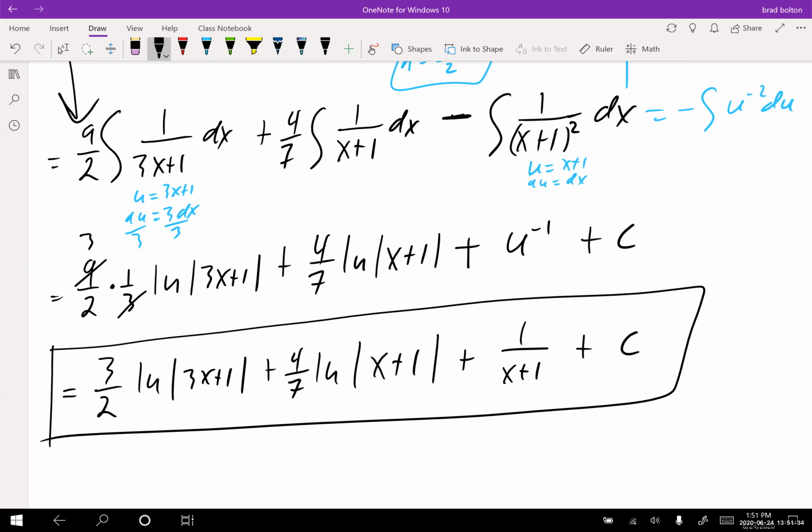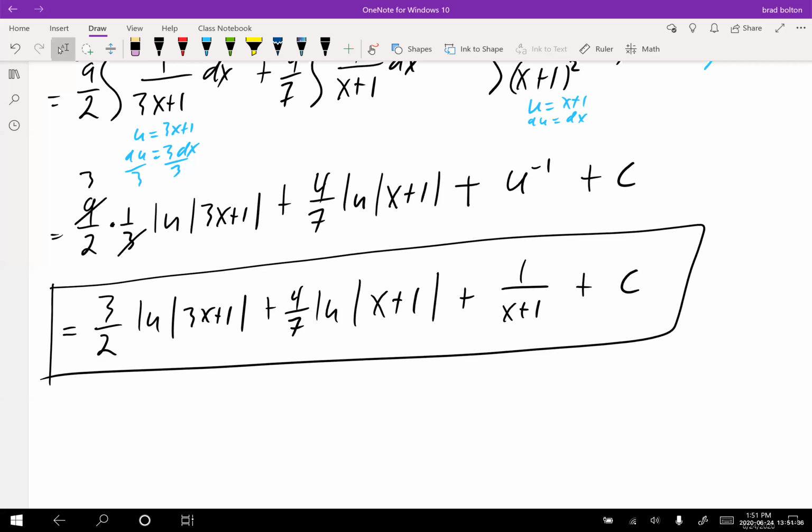Now in the homework, they might be more particular. So then you have to do the ln of the absolute value of 3x plus 1 to the 3/2 power plus ln of absolute value of x plus 1 to the 4/7 power. Remember, all I'm doing is putting the power, that's a property of logs, that when you want to combine logarithms, there has to be a 1 in front.